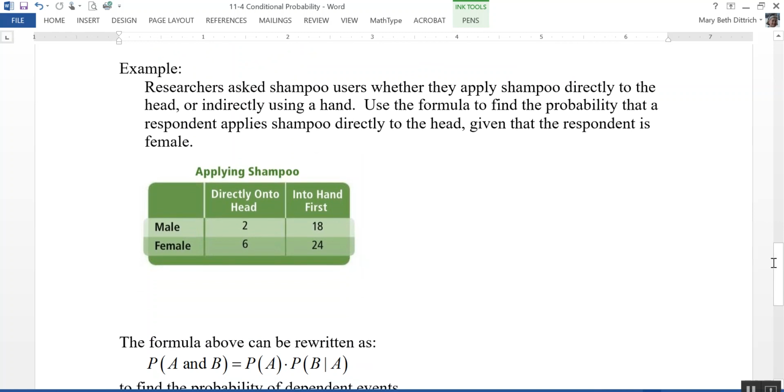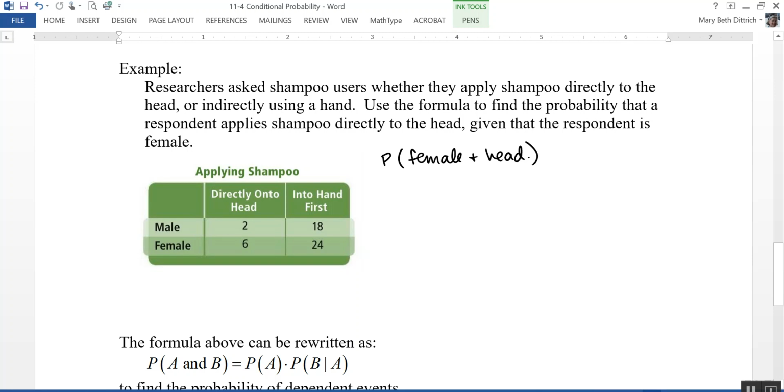Researchers asked shampoo users whether they apply shampoo directly to the head or indirectly by using their hand. Use the formula above to find the probability that a respondent applies shampoo directly to the head, given that the respondent is female. So the first thing we want to do is find the probability that the respondent is female and applies it directly to her head.